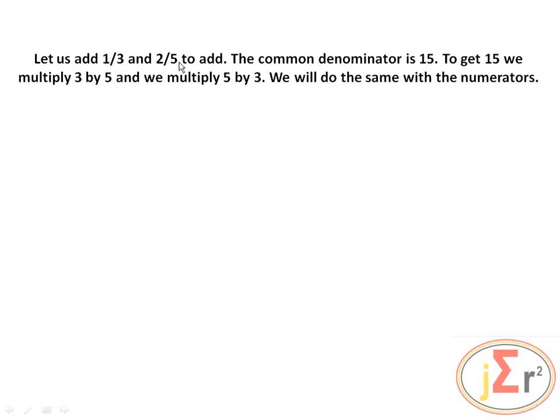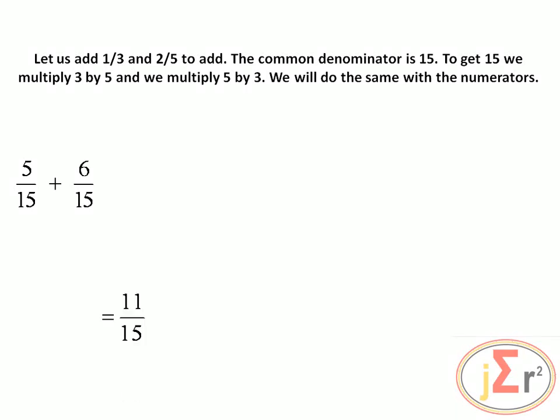This one, 5, to convert this to 15, we multiply by 3. 5 threes are 15. We do the same with the numerator, multiplying by 3 also. So that will turn out to be 6 over 15. So this one will be 5 over 15 and the other one will be 6 over 15. So multiply 1/3 by 5 over 5 and multiply 2/5 by 3 over 3.